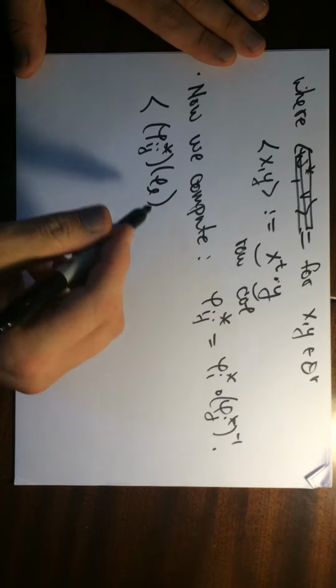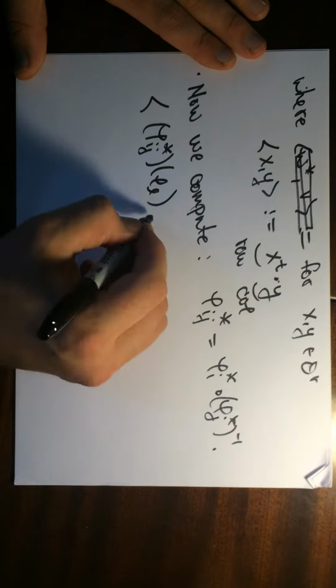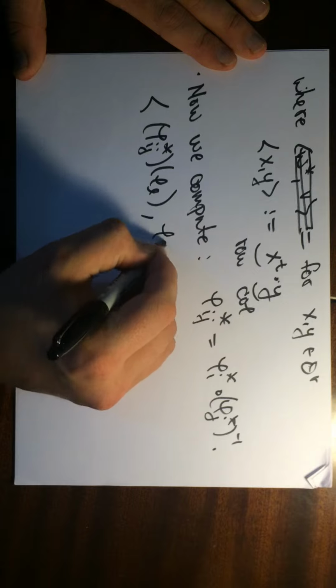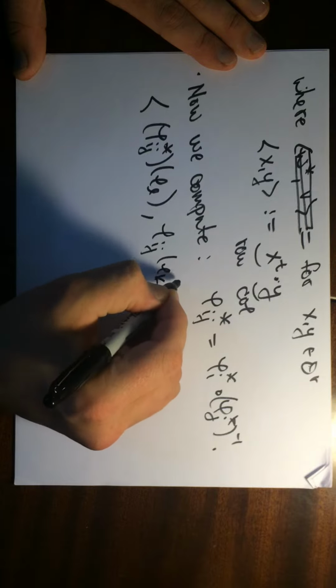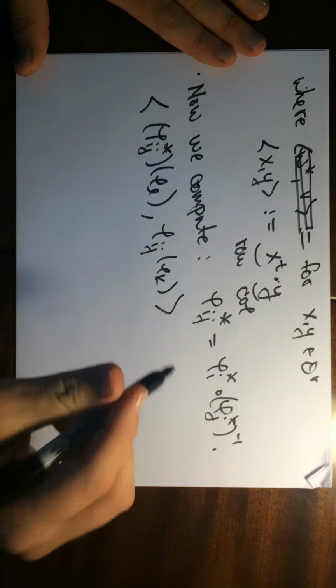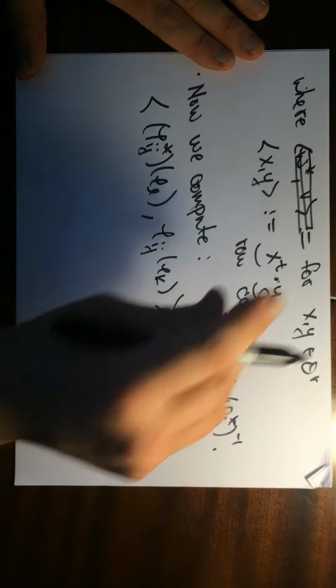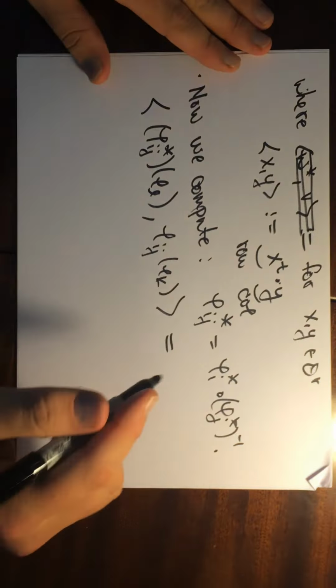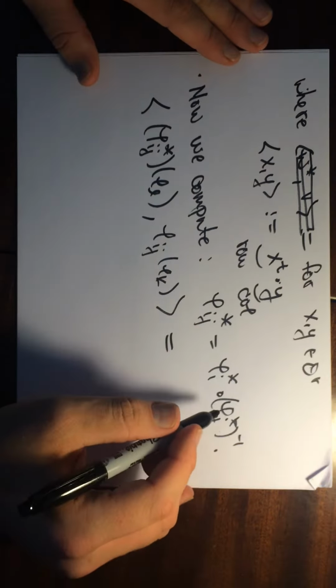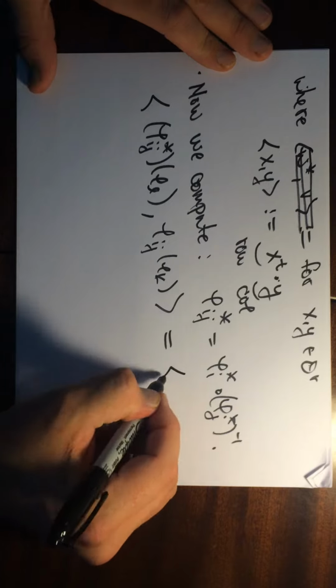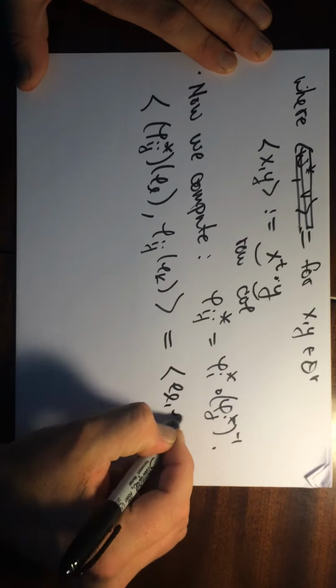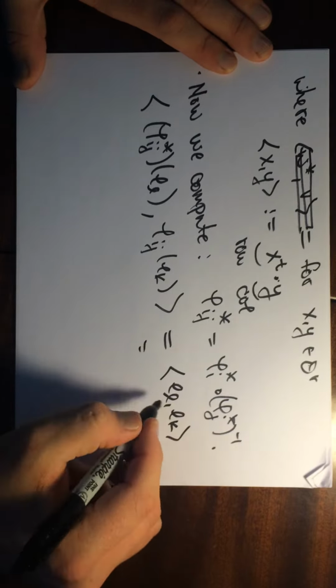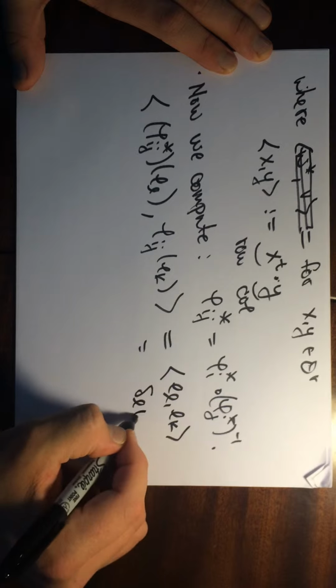Okay, we'll suppose that this thing looks like some matrix, but we'll just take K here. By what we said, that the pairing is respected, this thing has to be equal to E_L E_K, and this is just the Kronecker delta.